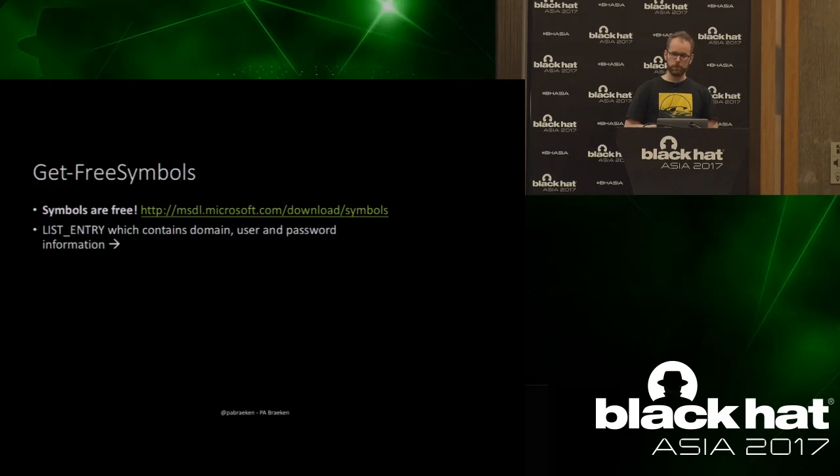So to get a password, you will need several symbols depending on your operating system. The passwords in memory are contained in a list entry. It's a double circular list entry, and each element is linked together in a nice loop.